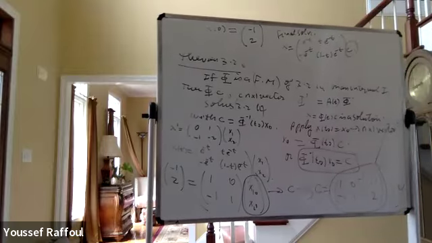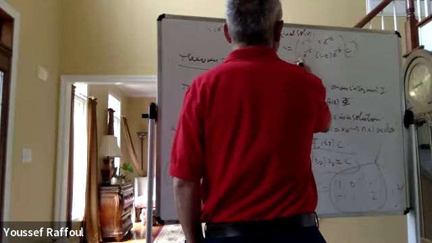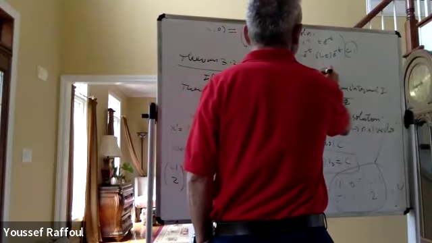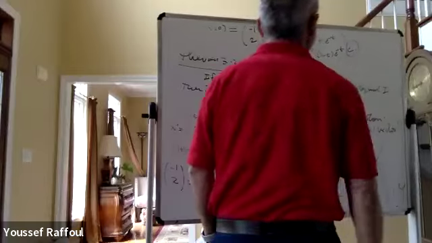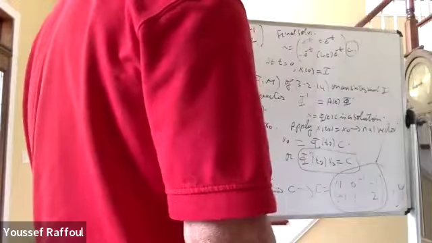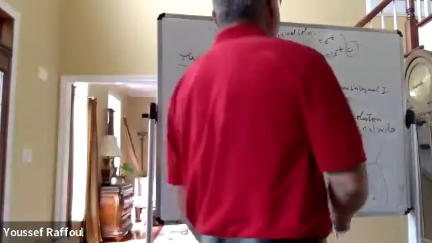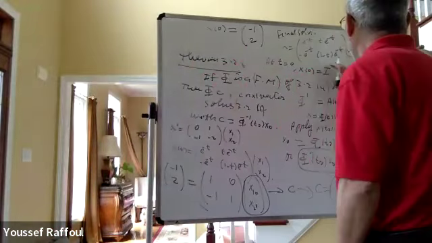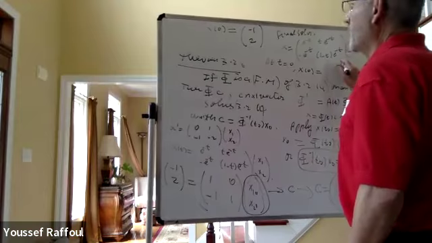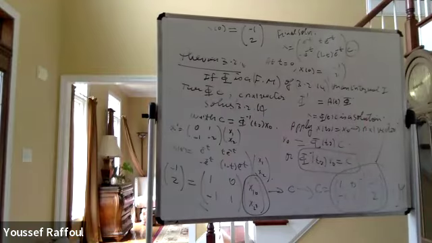Now at t naught, at t equals 0, you get x of 0 to be, well, actually not I, you're going to get minus 1, 2.